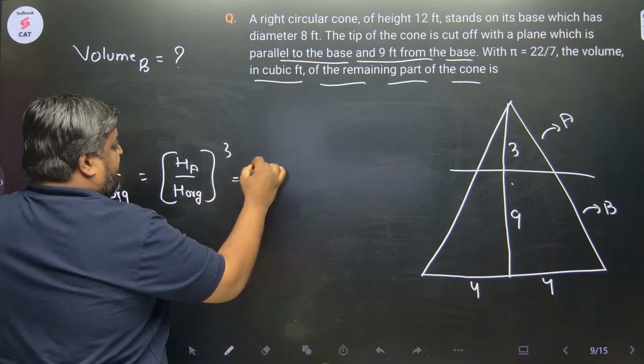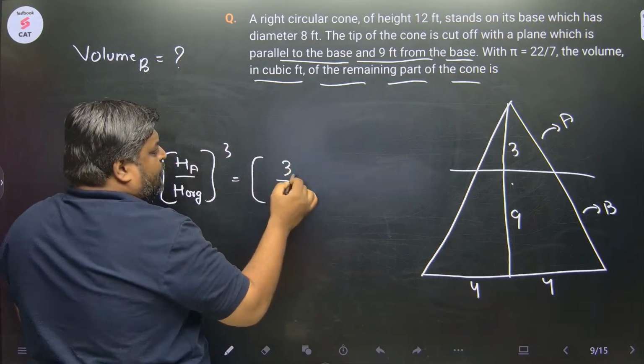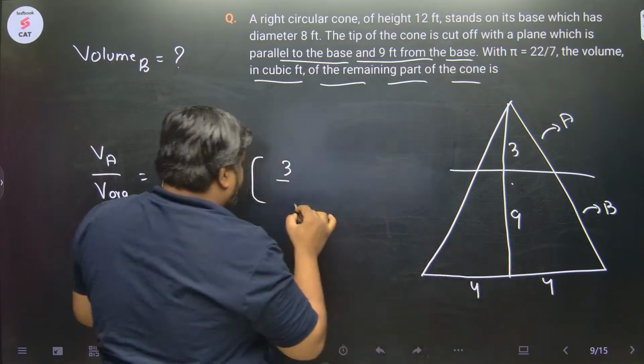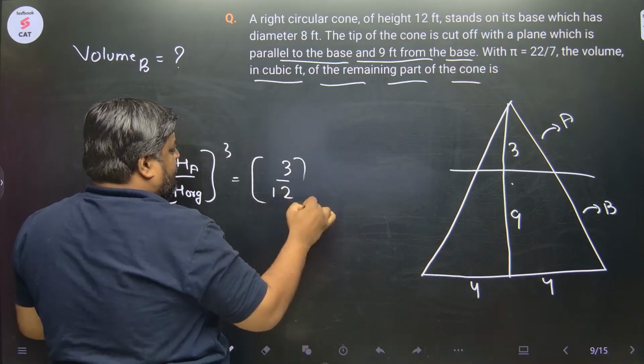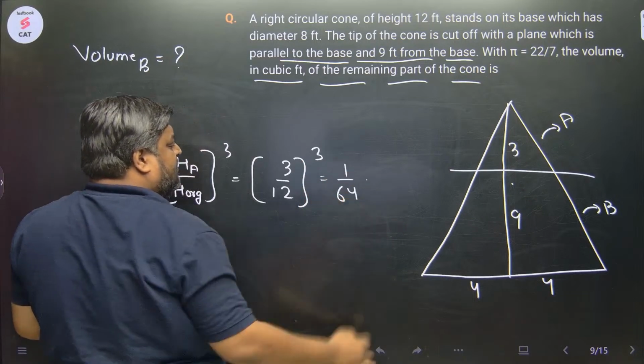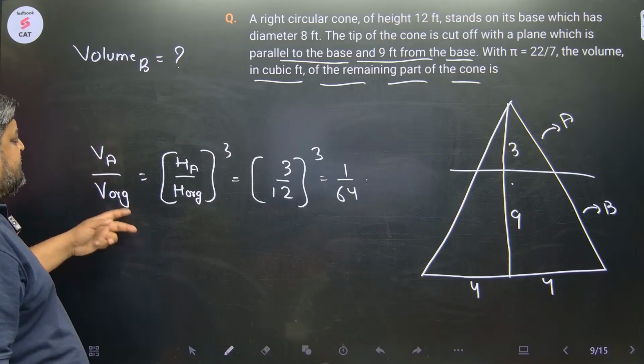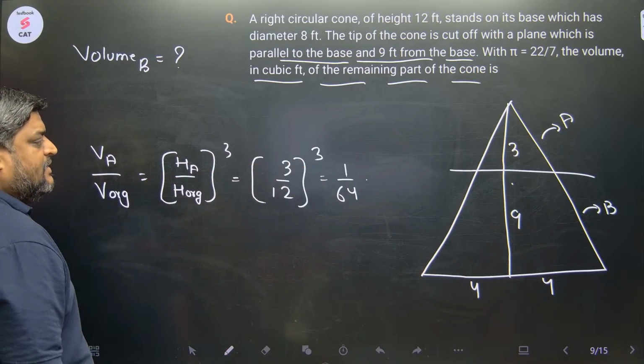What is the height of A? Sir, A's height is 3, and the height of the entire original cone is 12, so (3/12) cubed. So this is 1/64. Sorted. So volume of A and volume of original are in the ratio 1:64.